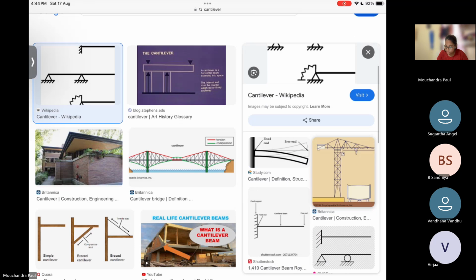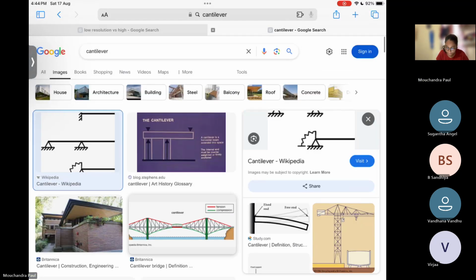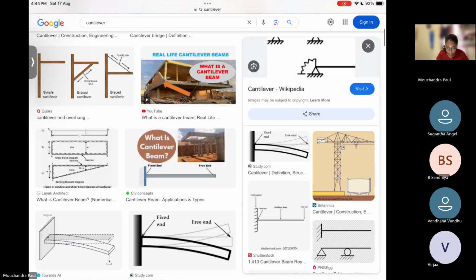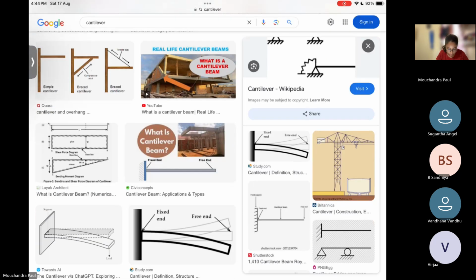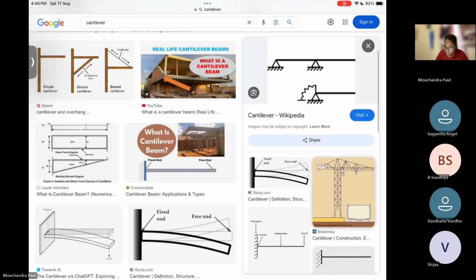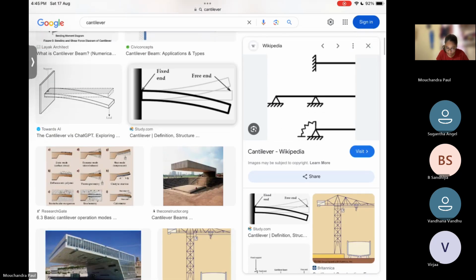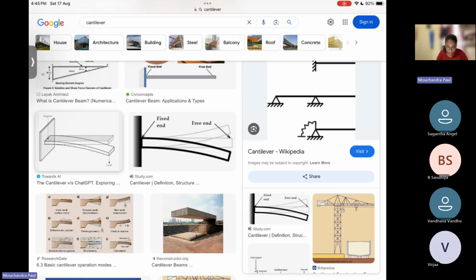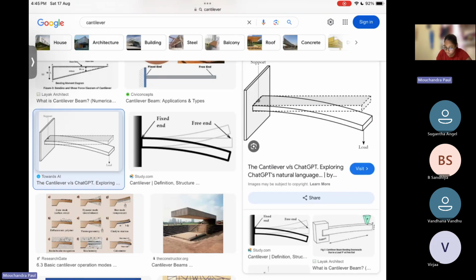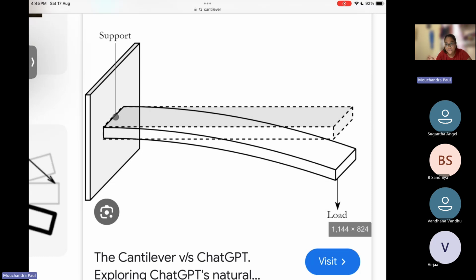One second. So in a cantilever, one end of a plank, suppose, is fixed, and you apply some load on the other end.